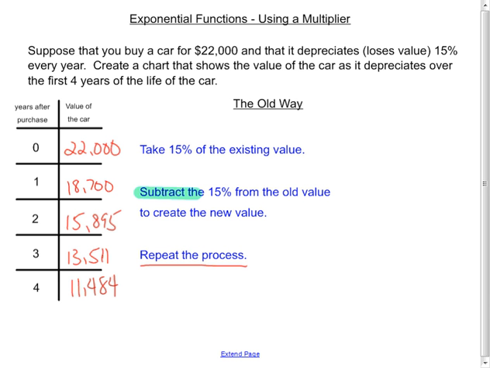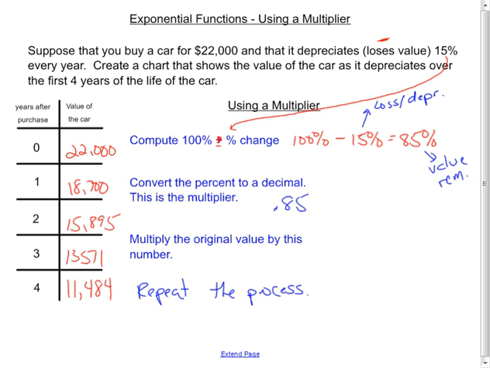I'm actually reducing the number by multiplying it by a number less than 1. So this idea is a lot more efficient, I think, because if you're interested in the value of the car, you should be working with a percent that tells you the value of the car as opposed to what you've lost off the car. Okay?